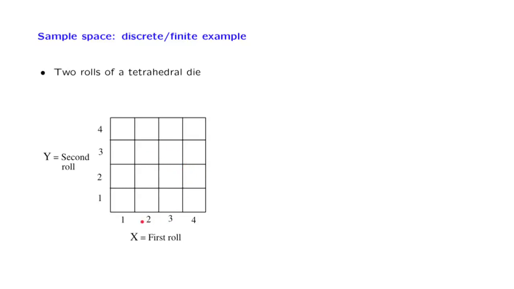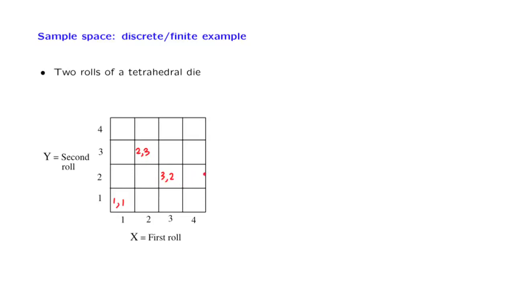For example, if the first roll is 1 and the second is also 1, then this particular outcome has occurred. If the first roll is a 2 and the second is a 3, then this particular outcome occurs. If the first roll is a 3 and then the next one is a 2, then this particular outcome occurs. Notice that these two outcomes are pretty closely related.